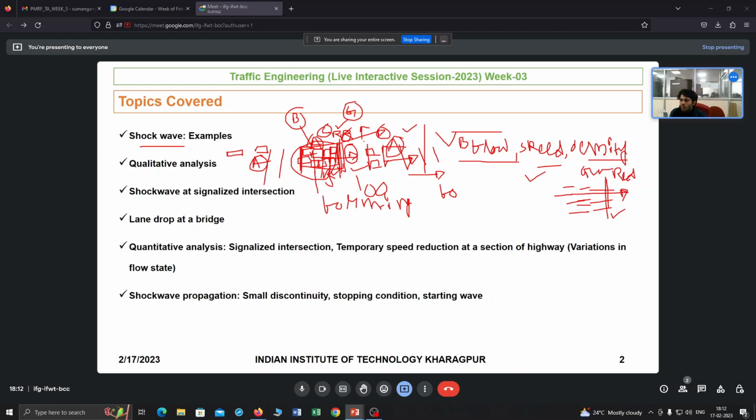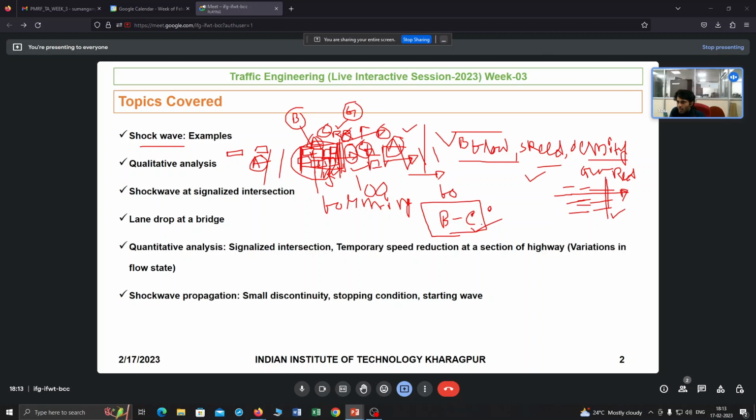So now there is a shock wave which is called BC, because the new state is C and your congested state was B. And we can assume that C is a state of saturation flow, because as soon as your signal turns green, vehicles will try to flow at saturation flow, right?